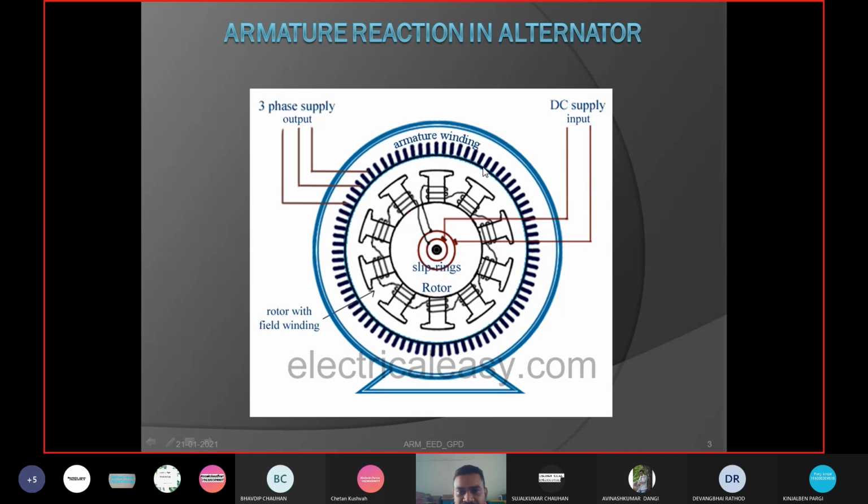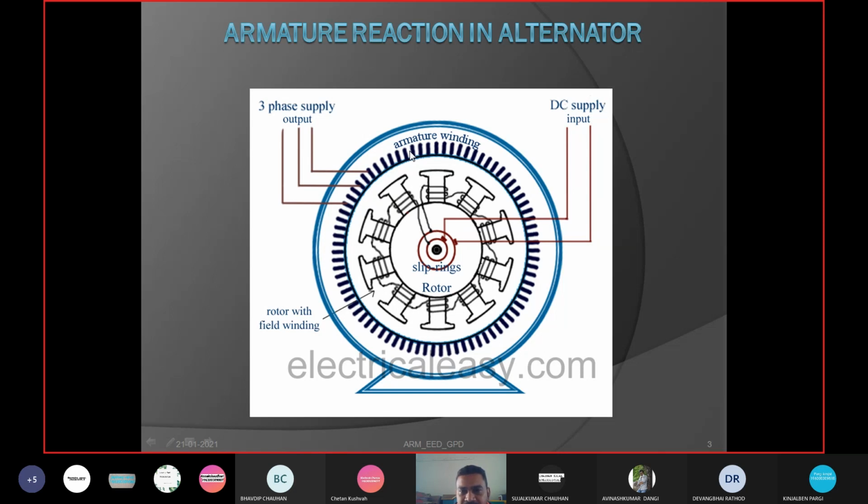Whatever magnetic flux or magnetic field is produced by the armature winding is known as the armature flux or armature field, and it is denoted by phi A. A stands for armature. When a load is connected to the alternator, two magnetic fluxes are produced in the alternator.